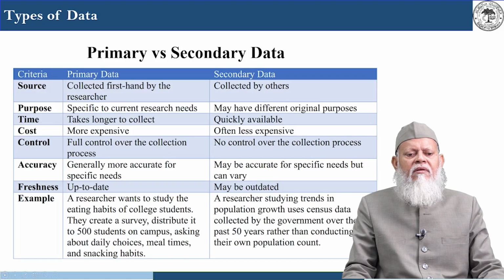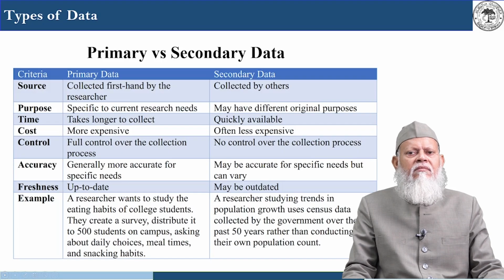So, for example, a researcher wants to study the eating habits of college students. They create a survey, distribute it to 500 students on campus, asking about daily choices, meal times and snacking habits.